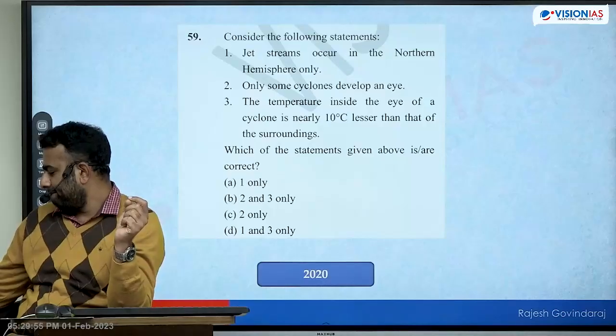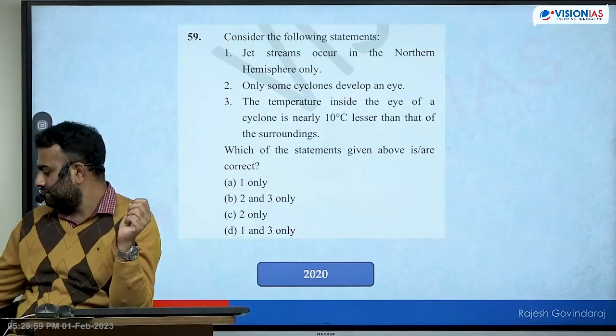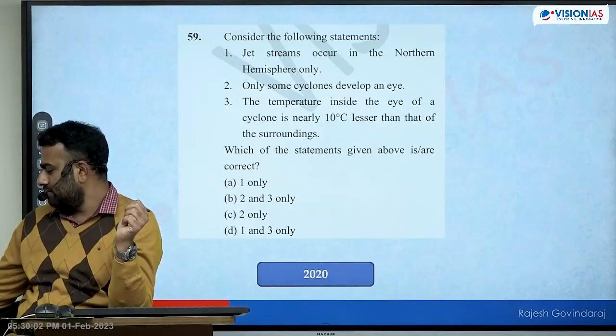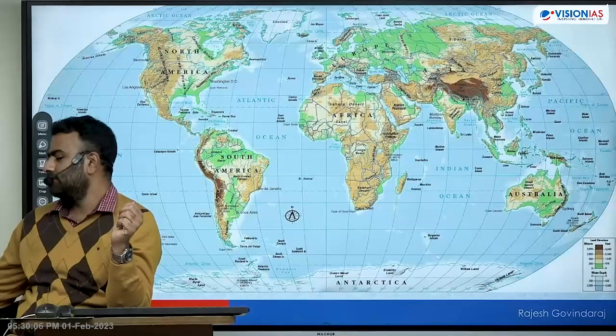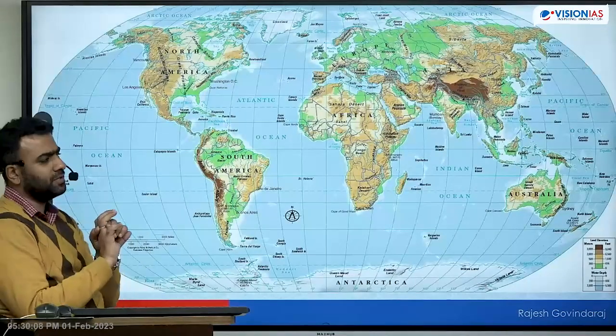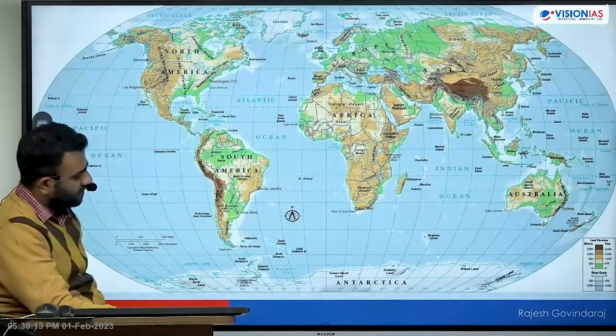Answer is C. 1 is wrong. 3 is also wrong. Temperature at the eye is more than the other regions. सबसे ज़्यादा होता है. Last topic, climatic regions.